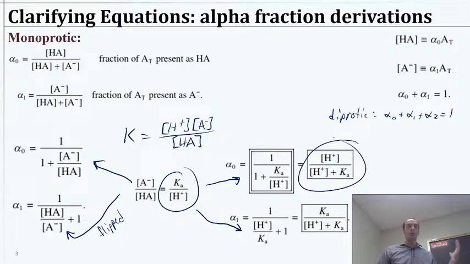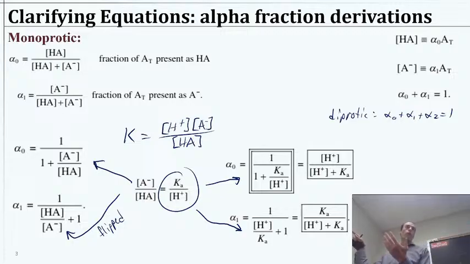If that happens to be more convenient, if you like it better that way, that's fine. So that's the procedure that we're using to get the formula for the lines that we're going to plot. This is all that background to derive the alpha fraction that goes into Ct times alpha 0, 1, or 2.